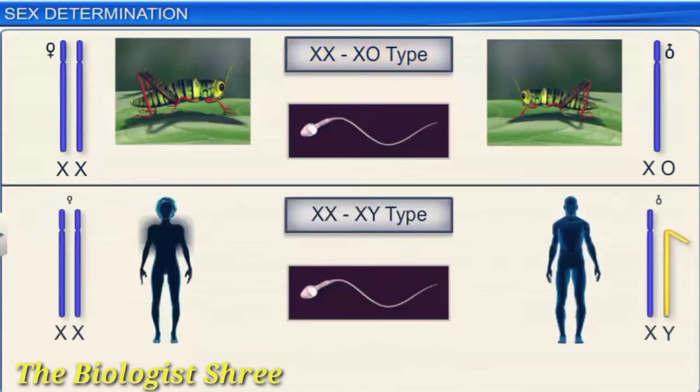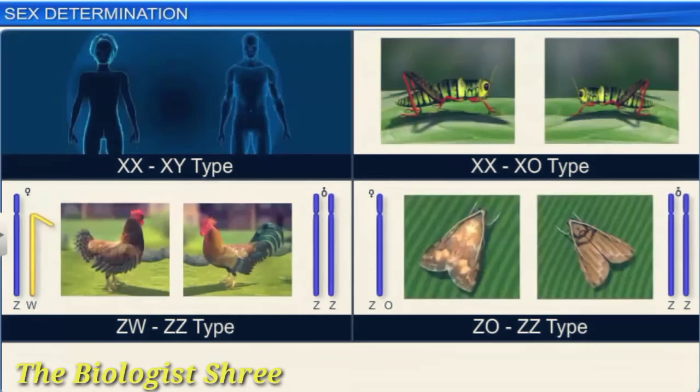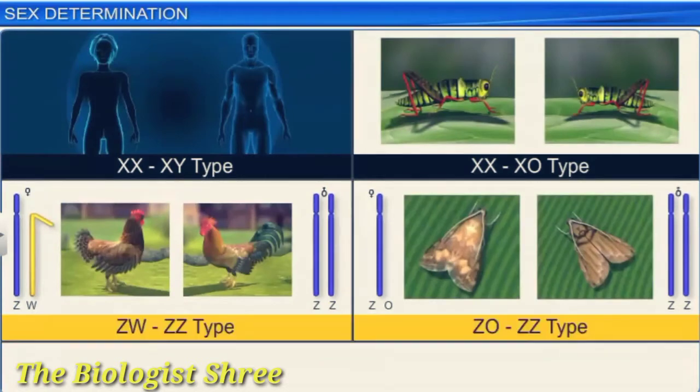Therefore, we have seen that in both the XX-XY and the XX-XO mechanisms of sex determination, it is the genetic makeup of the sperm that determines the sex of the offspring. Such a system of sex determination is known as male heterogamety. However, there are also several organisms in which the mechanism of sex determination is female heterogamety.